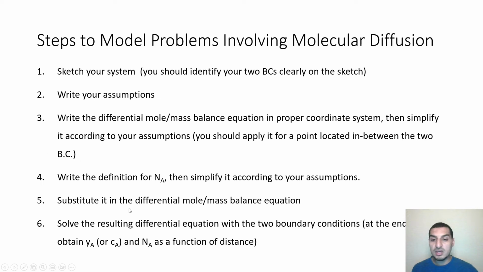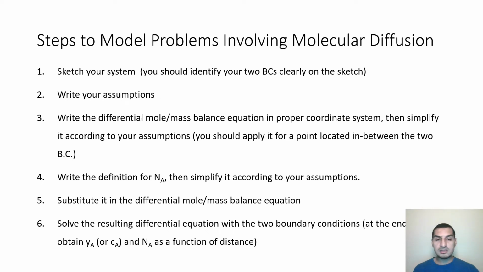So you have to write the proper definition of NA, and then we can simplify it according to the assumptions that we have, and then we substitute in the differential equation with the NA form, and then solve the equation, of course using the boundary conditions and initial conditions, whatever.